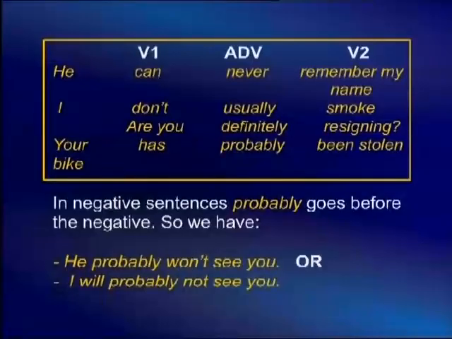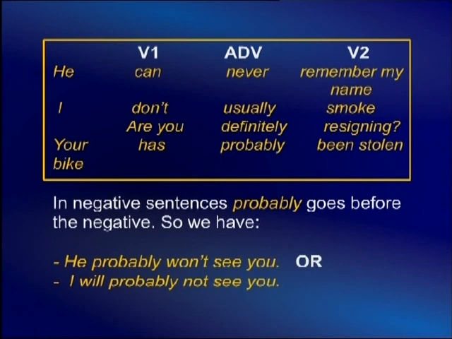Look at the table given on your screen, and that shall illustrate what I have said. You will notice that there are two verbs marked over there, V1 and V2, that is verb 1 and verb 2. He can never remember my name. Now the verb over there is in two parts.